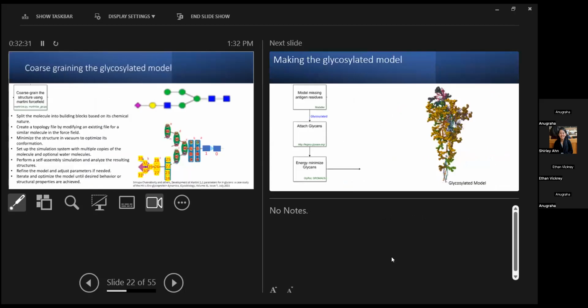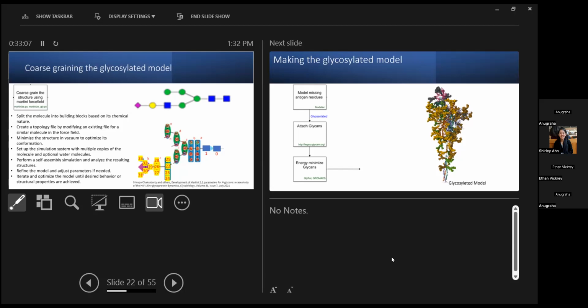So in general, if you have a new molecule you want to coarse grain, and you want to study larger biomolecular systems, I would suggest looking for literature, where you'll find fragments of the data. For example, you might just find data for this part and that part, so you can simplify the model and create a topology by modifying the existing file.